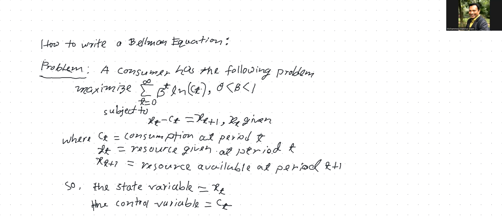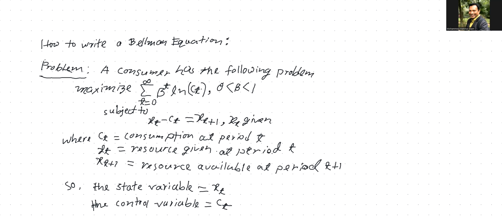That's why we have here beta to the power of t and ln c sub t, and the consumer has to consider the initial resource that the consumer sees. For example, the consumer may have some resource that is limited, say x sub t. For example, it might be some water in a reservoir.